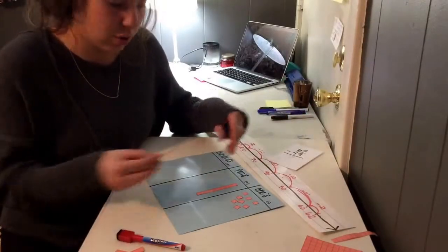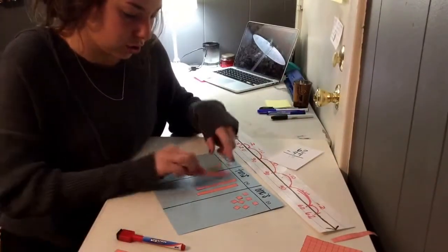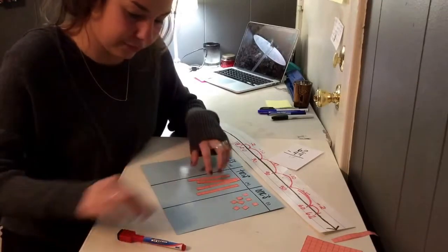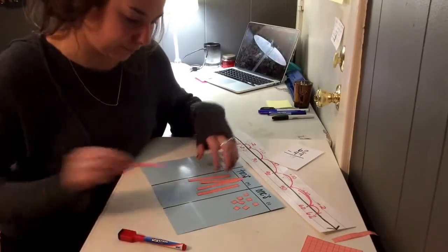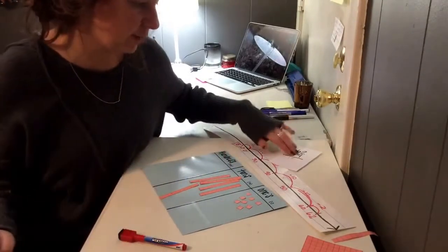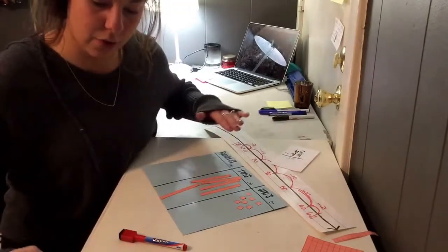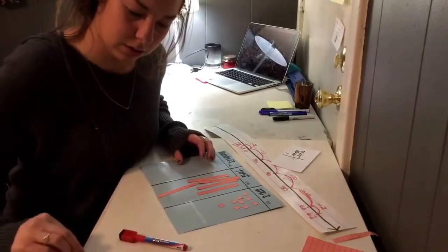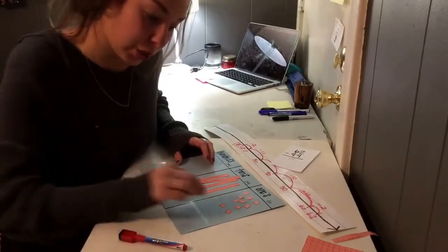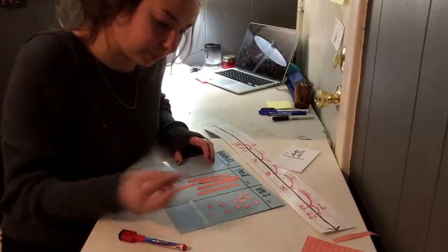So we have 1, 2, 3, 4, and then we want to add 4 units. So we have 1, 2, 3, 4.